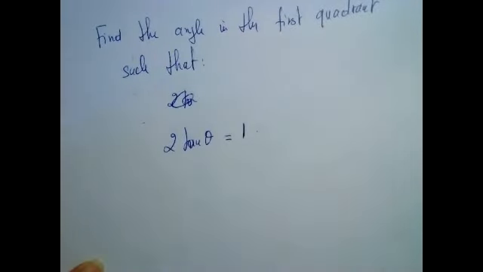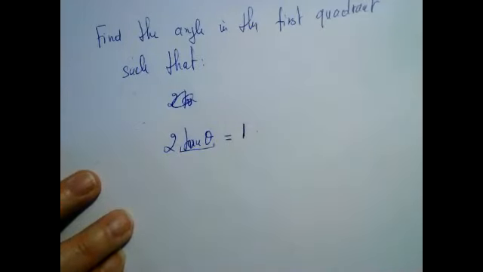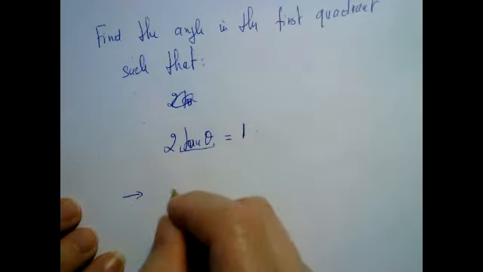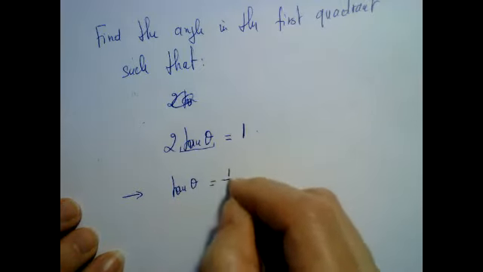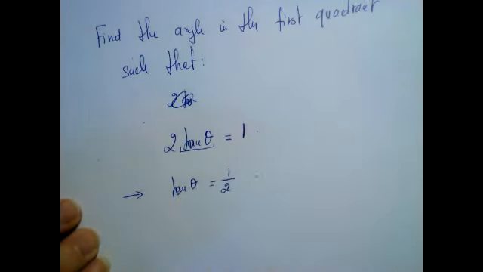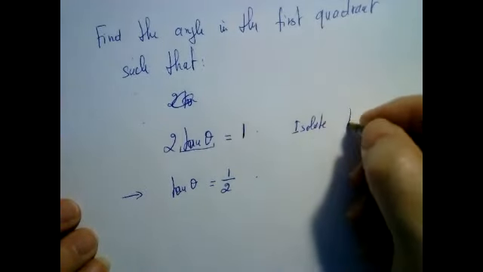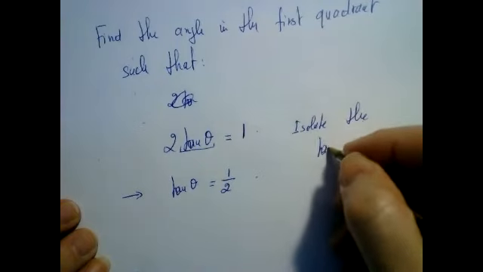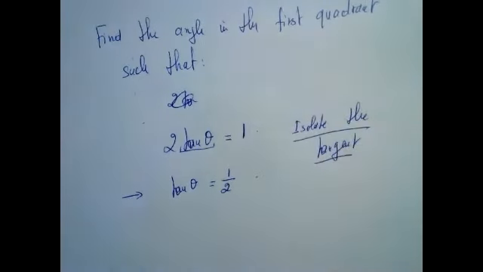The way we're going to do it is, first, I'm going to isolate my tangent. It means if this is the case, I want the tangent to be equal to half. So isolate the tangent. And now I know theta.